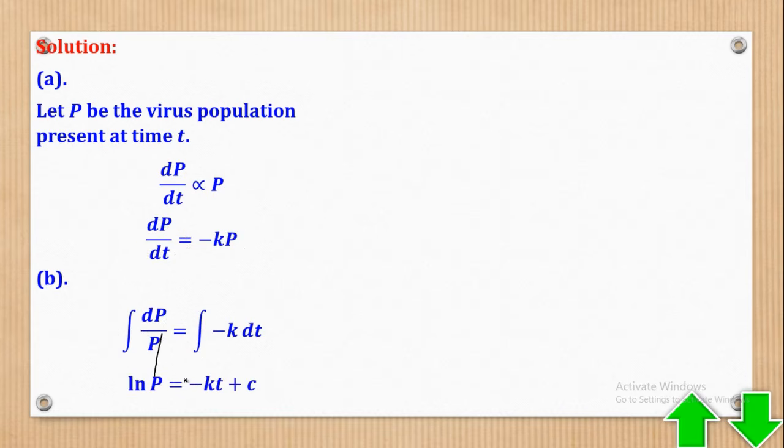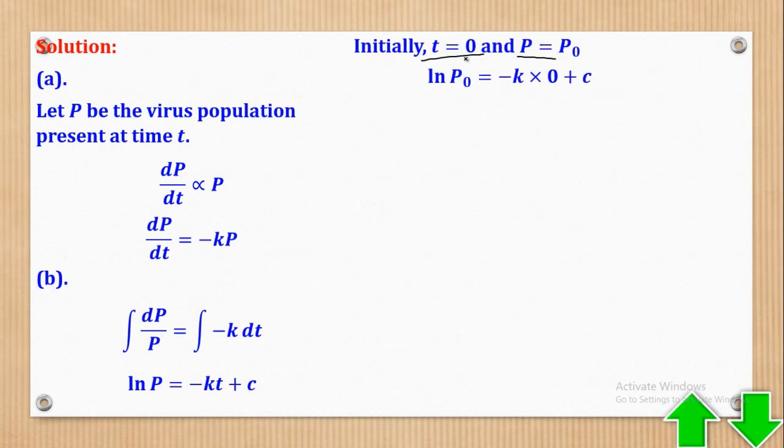Integrate, this gives you that and this gives you that, plus the constant. Initially t is equal to 0 and P is equal to P0, so substitute for t and P. Therefore the value of c is equal to ln P0. So I substitute it here to come up with that equation.